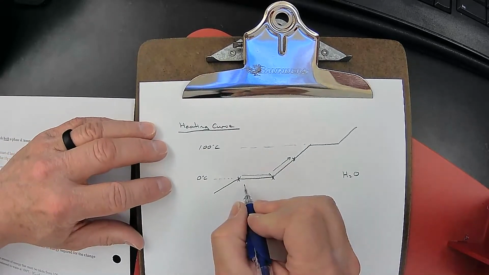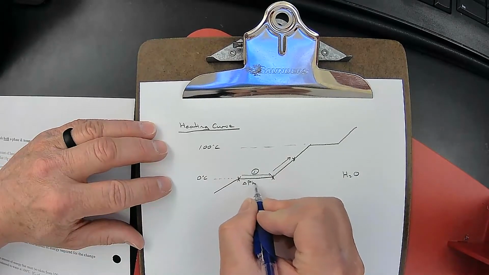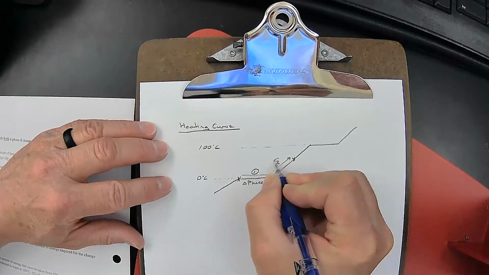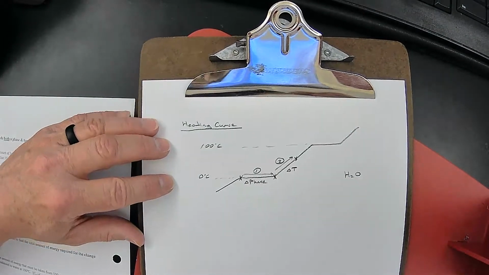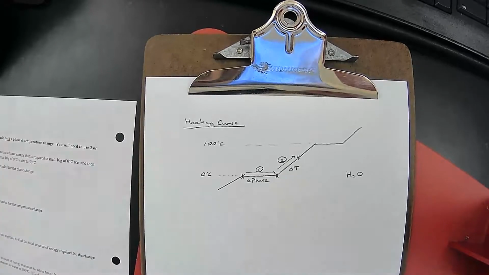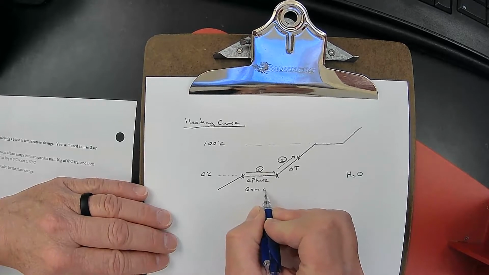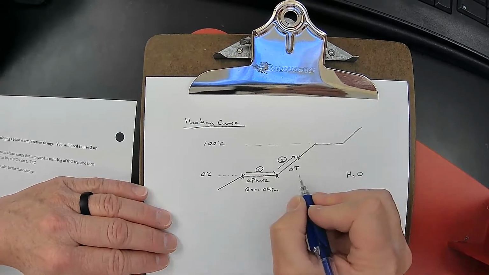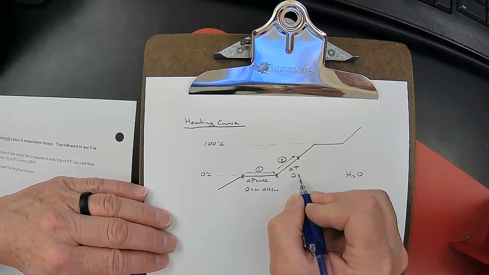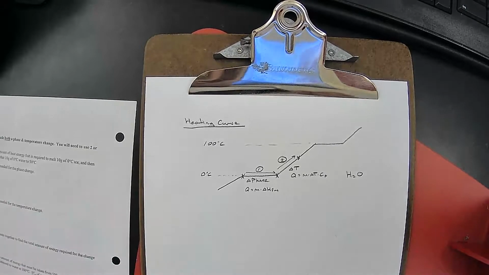So here, step 1, we have a change in phase, and step 2, we have a change in temperature. There's two different equations for a change in phase and a change in temperature. A change in phase, as we know, the equation is m delta H FUS. And up here, the change in temperature is m delta T CP.